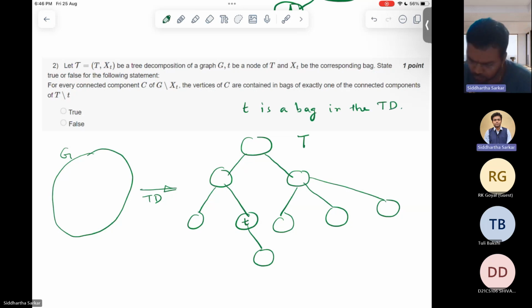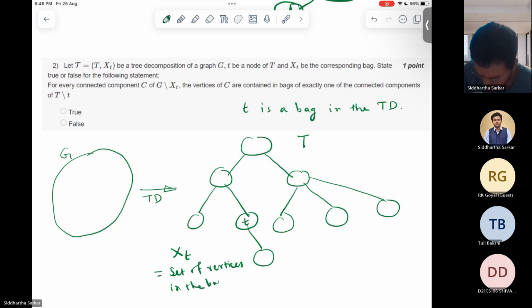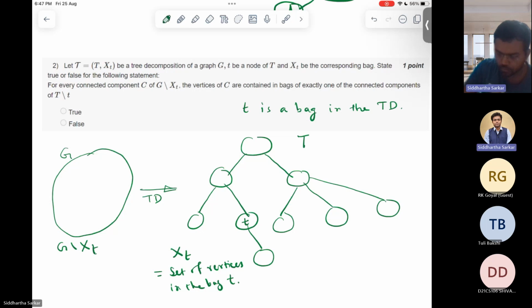So you have selected a bag T in the tree decomposition, and this bag contains a set of vertices. Let us say xt is the set of vertices in the bag T. So you are constructing a graph G minus xt. That means you are deleting from G the vertices in xt and the edges incident on them.